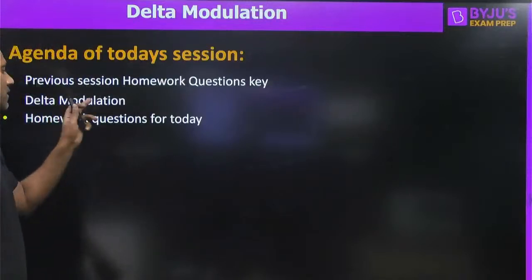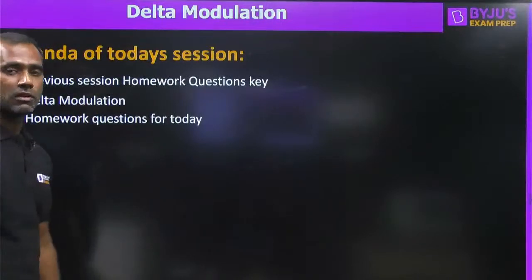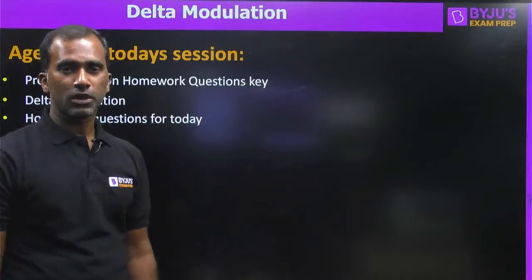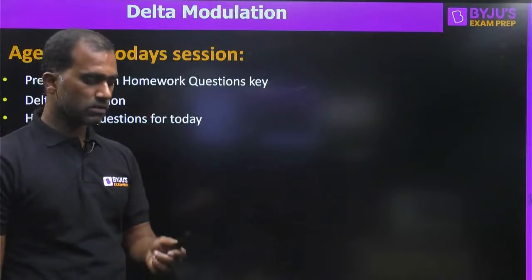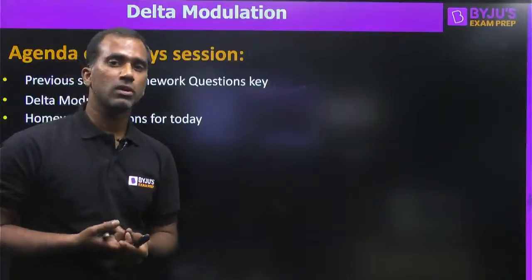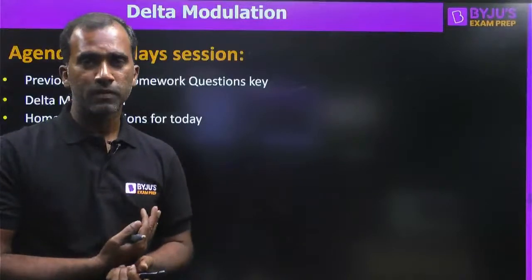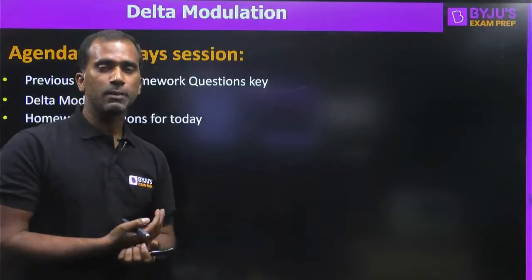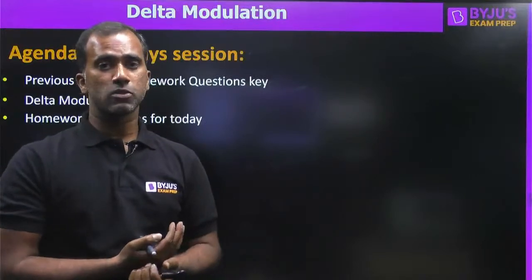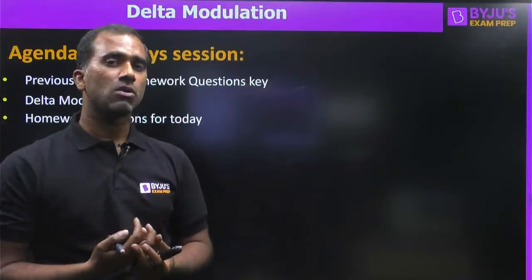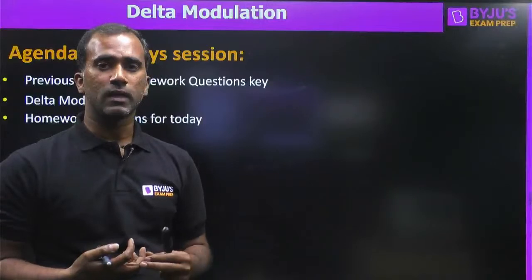After the discussion of delta modulation, at the end I'll give you some homework questions regarding delta modulation. Tomorrow's session will be practice on delta modulation. Whatever we understand today will help you solve problems based on delta modulation, so tomorrow we'll discuss all the models of problems based on delta modulation.